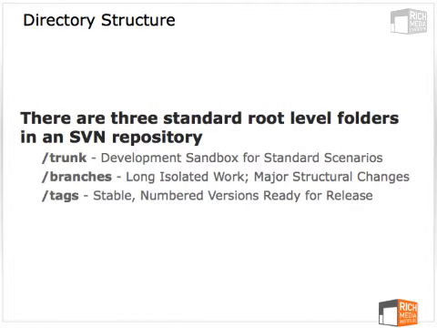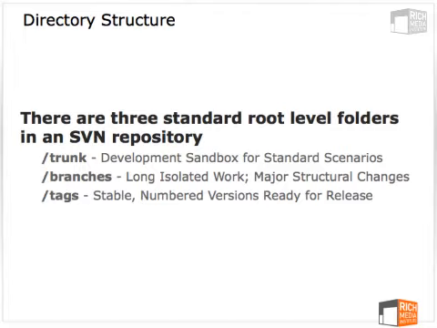The tags directory is used when you have a stable build of the current project in trunk and you wish to tag it as a version for either a formal release or just for internal development purposes. When you are ready to tag what you have been working on in trunk because it is stable and ready to be given a version number, you would copy that directory from trunk into tags and create a version number directory.